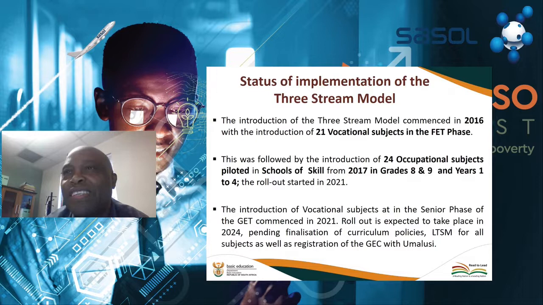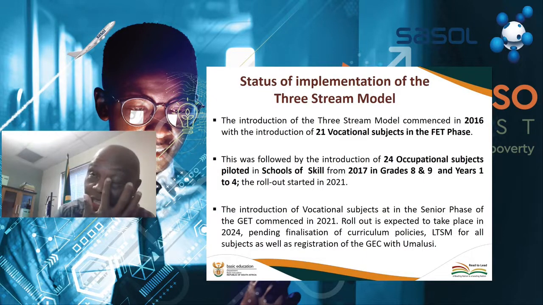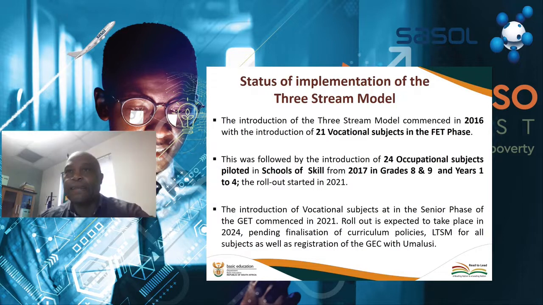What this is saying is that we started piloting the occupational subjects in schools of skill in 2017, and then the pilot in grades 8 and 9 in other schools, that is mainstream schools and technical high schools, started in 2021 in grade 8, and this year the pilot continues in grade 9.